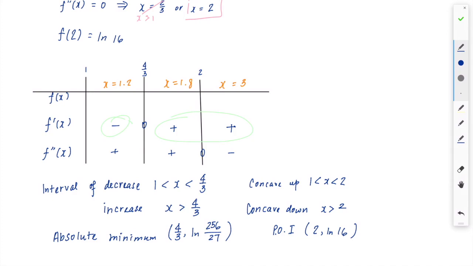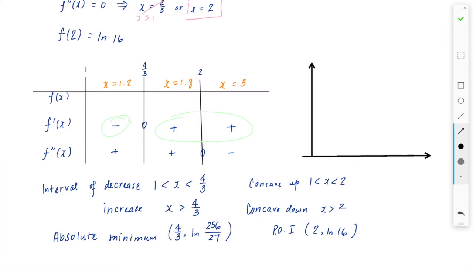Let's make a sketch. Okay, so put in the VA. This is x equals to 1, x-axis, y-axis. 4/3, so 1 and 1/3, somewhere here.